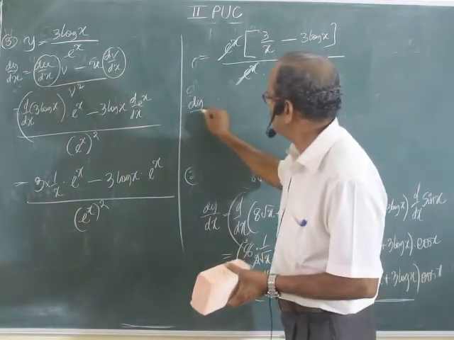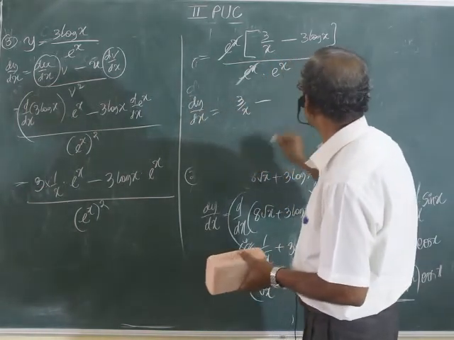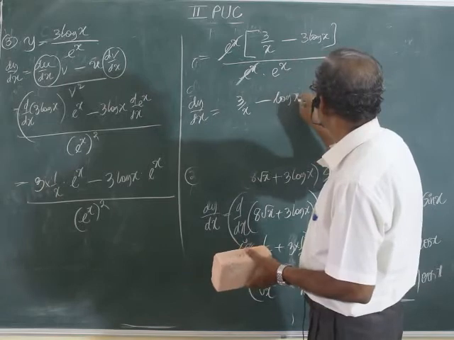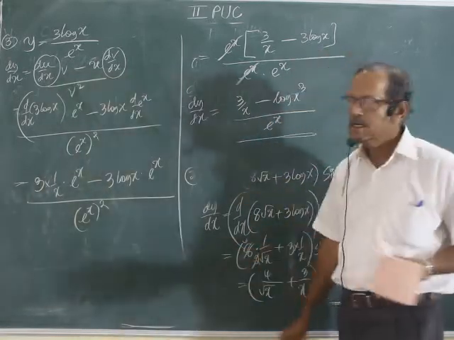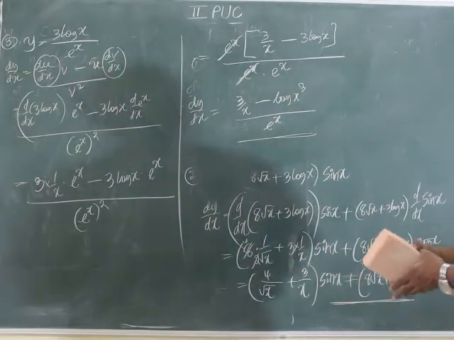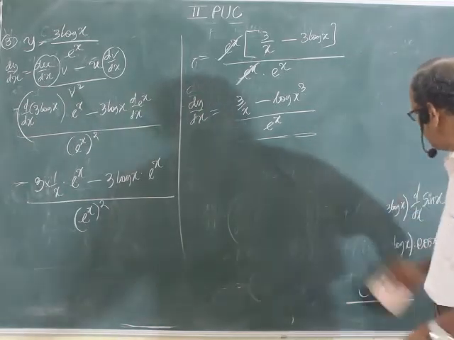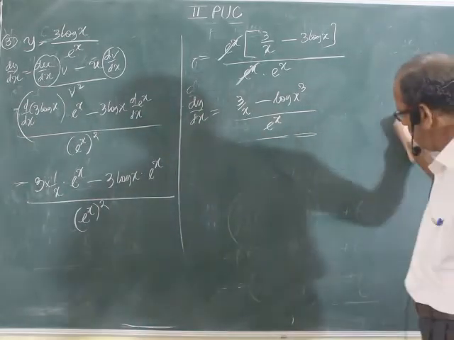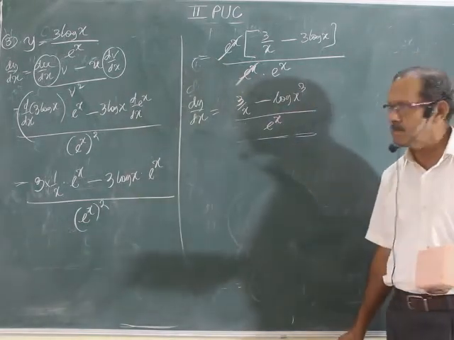Final answer is dy by dx is 3 by x minus, can I write like this, log x cube divided by e to the power x. 3 into log x is log x cube. Let me write that one. m into log x is log x to the power m.